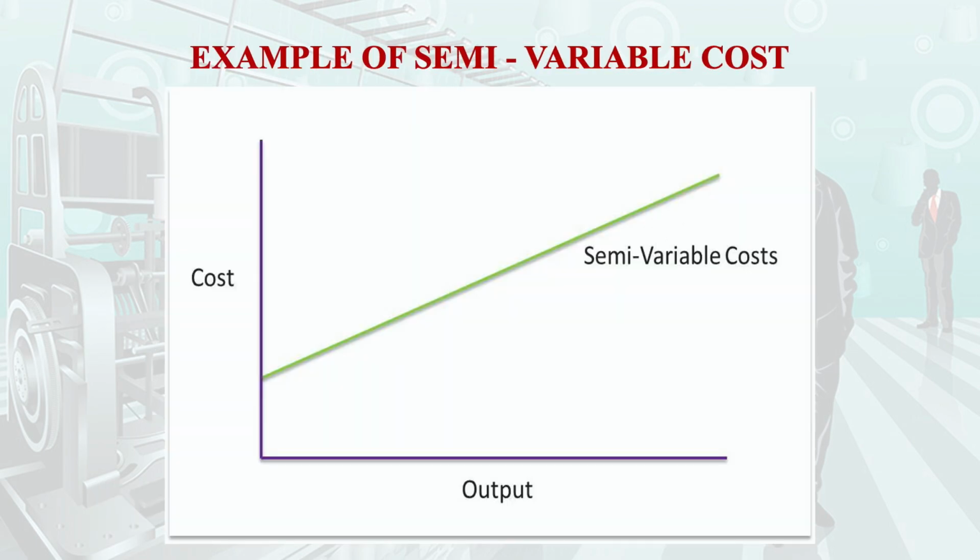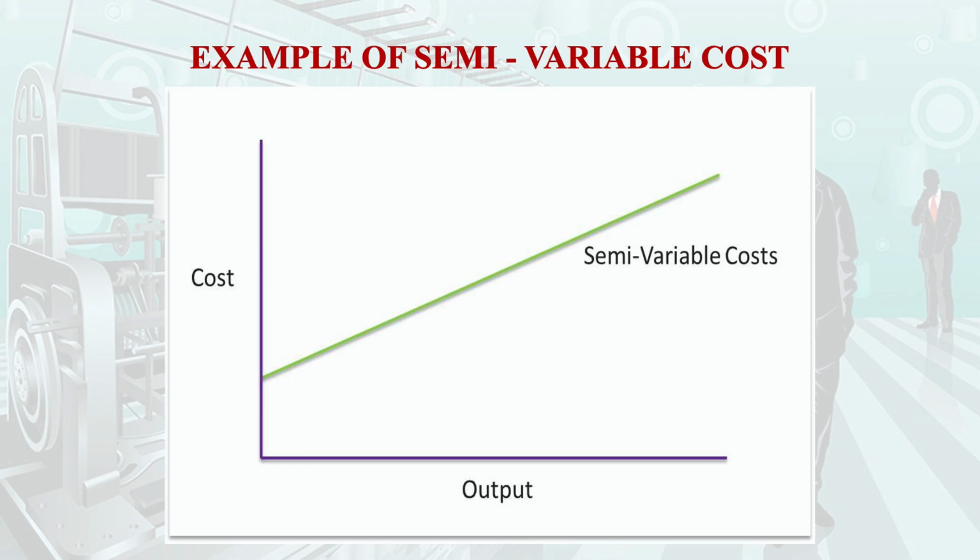Now I will show you with the help of a graph what a semi-variable cost is. You just see that in case of variable cost, the line was originating from the origin, while in case of semi-variable cost, it is starting on the y-axis after a certain portion.